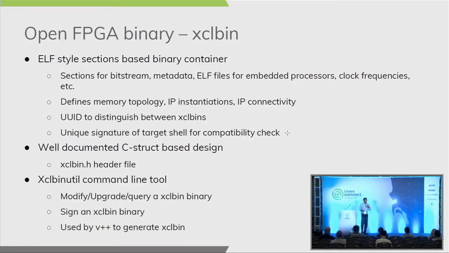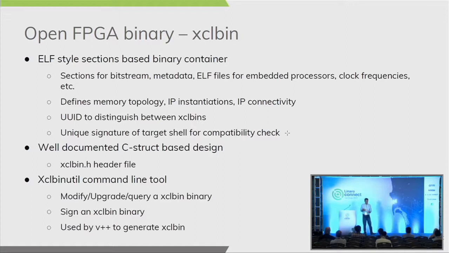I mentioned xclbin in my first slide. That's the binary that is produced by our compiler, and the xclbin is essentially derived from ELF. It has sections for various parts of the FPGA initialization, such as the bitstream that will configure the bits, the flops, and the connections in the FPGA. That's very raw. But then there are sections for memory topology and IP instantiations, like the compute units that you have compiled into your design.